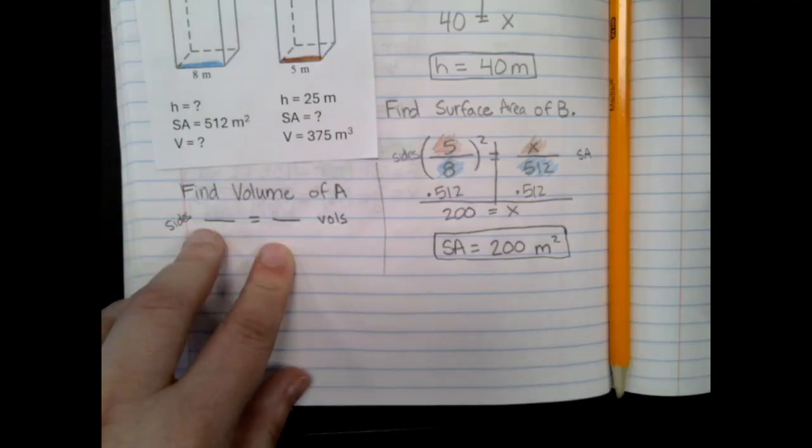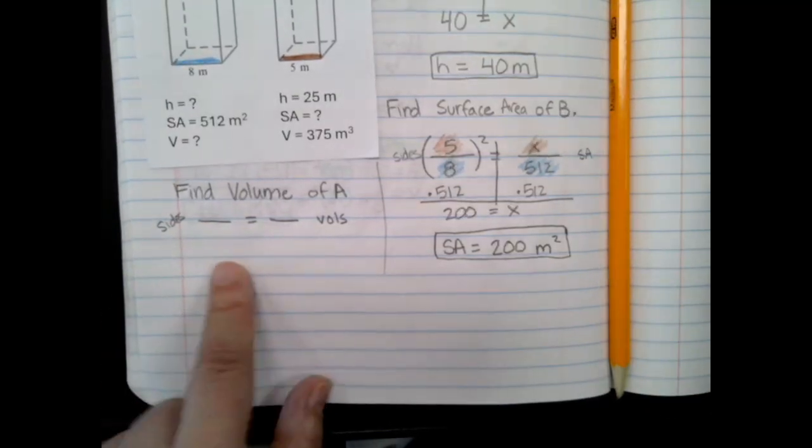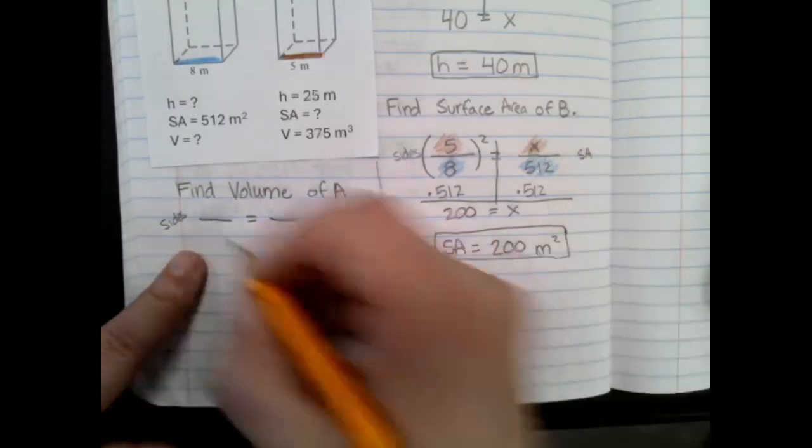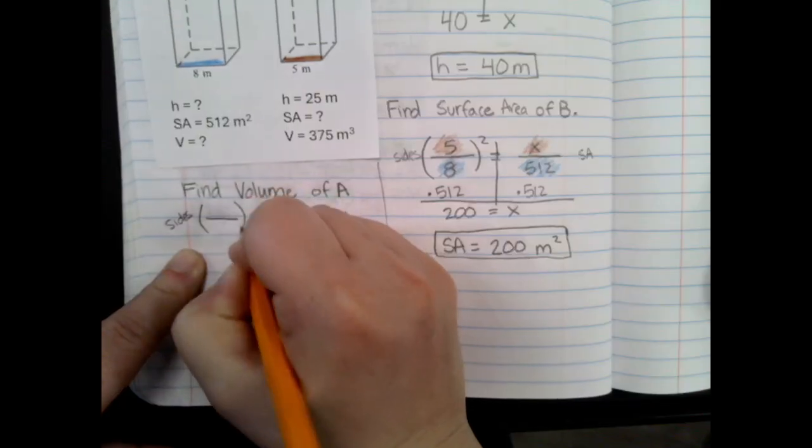Okay, as I compare sides to volumes, with volume, what else do I need? Parentheses to the power of 3. So with my sides, it's parentheses, power of 3.